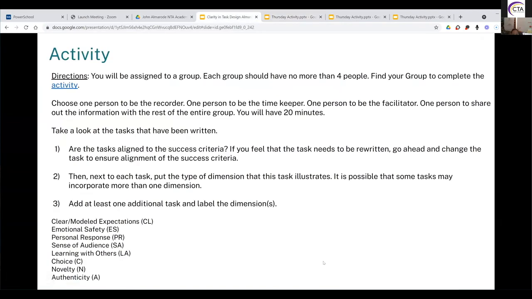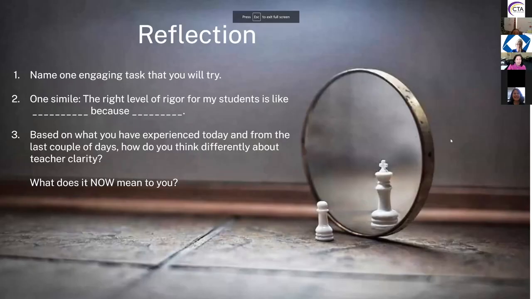So let's go on. Can you guys see this? I just want to make sure that everything's clear. So from today and from that particular exercise, we talked about a whole bunch of things today. We went from the brain and learning to learning tasks and success criteria.